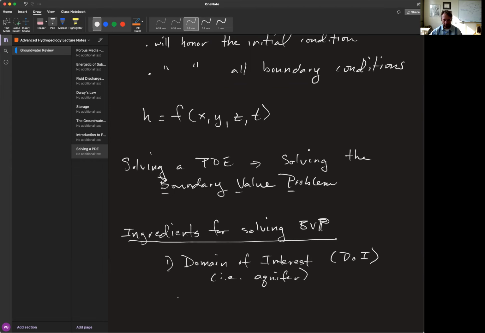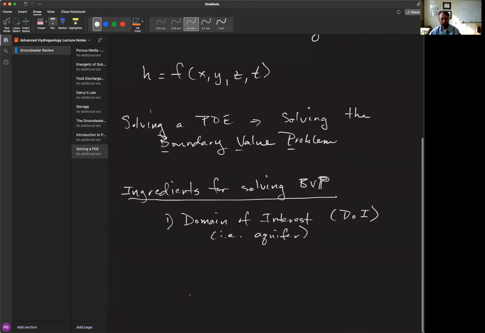In advanced hydrogeology, in our class at University of Montana, we're interested in, for example, the alluvial aquifer near Lolo, Montana. That's our domain of interest.